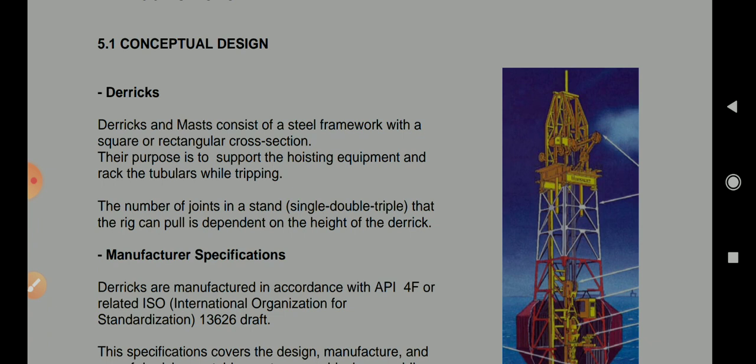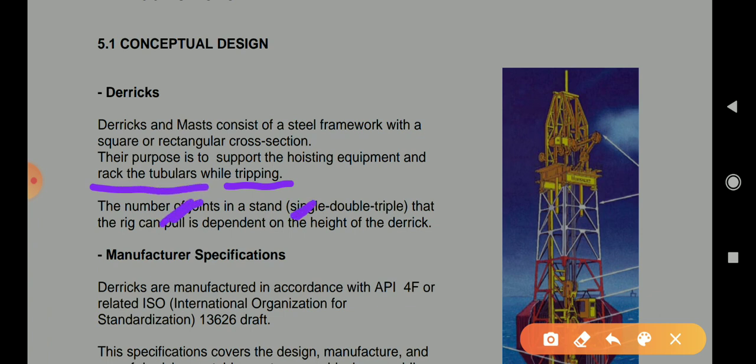Here there are two words mentioned: one is tripping, another is rack the tubulars. So what is tripping, and what is racking the tubulars? Tripping means running in the hole or out of the hole, so you pull out all the stands or run in all the stands.